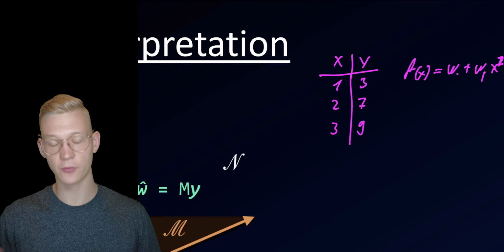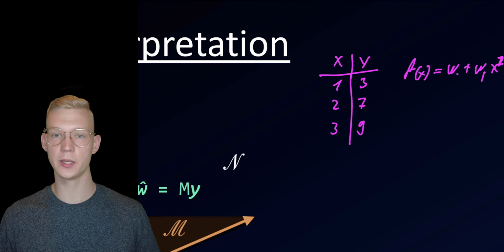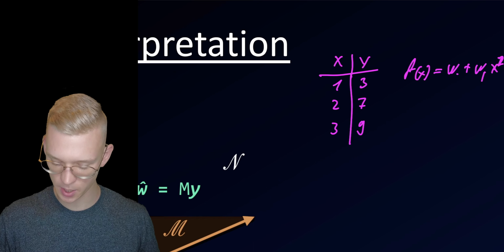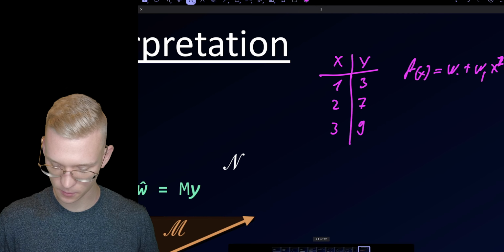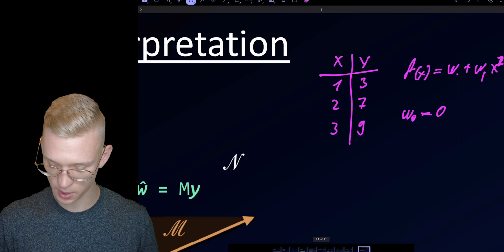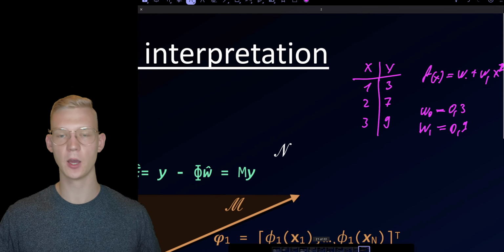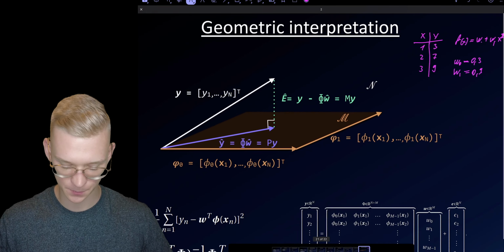After getting the linear least squares solution, we could propose that omega 0 was equal to 0.3 and omega 1 is equal to 0.9. So this was the solution we got from the linear least squares.